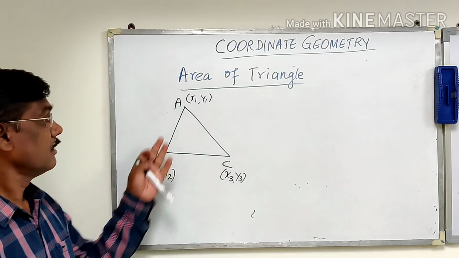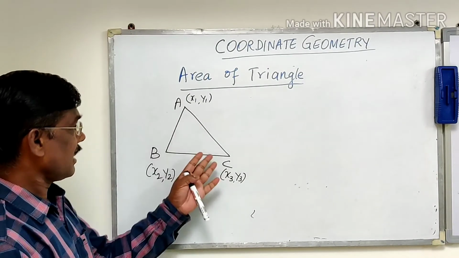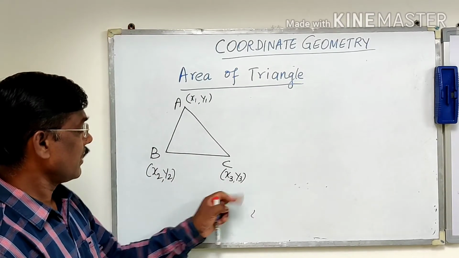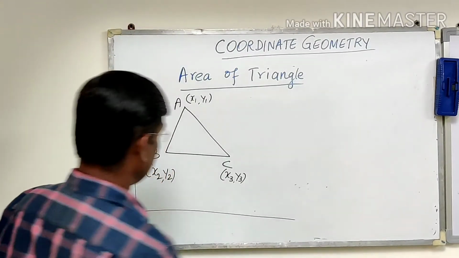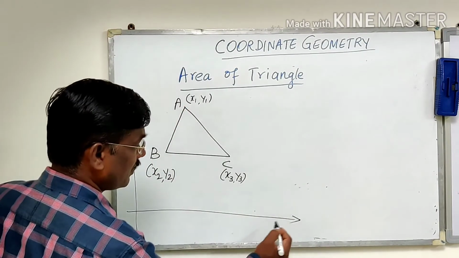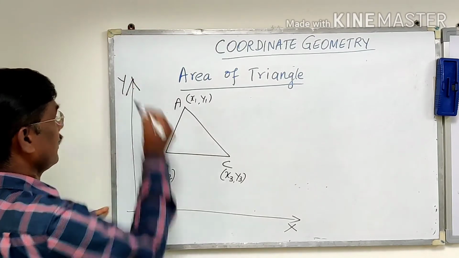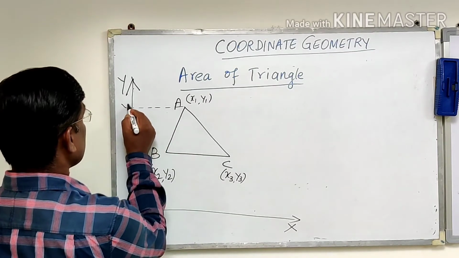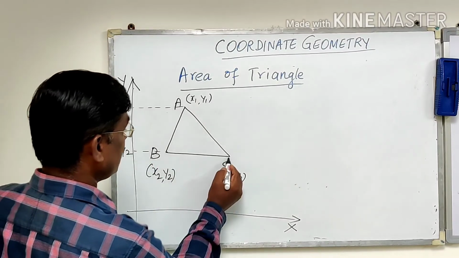So you mark the coordinates in a cyclic manner. Let us take this triangle and the coordinates are x1, y1, x2, y2, x3, y3 of the three vertices. Right? So the coordinates are given with respect to the axis x and y. So this is y1 and this is y2 and this is y3.